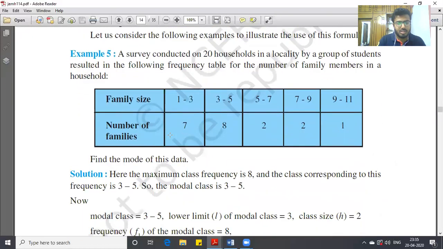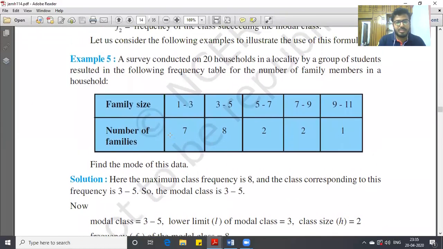Now look here. Listen very carefully to this question.